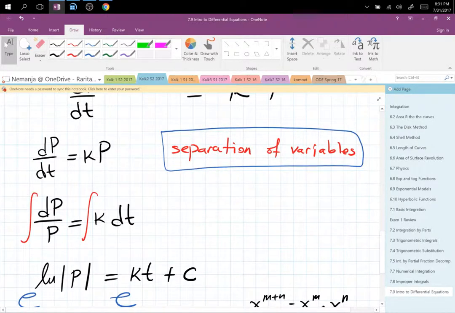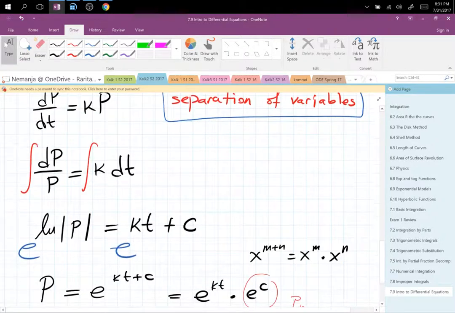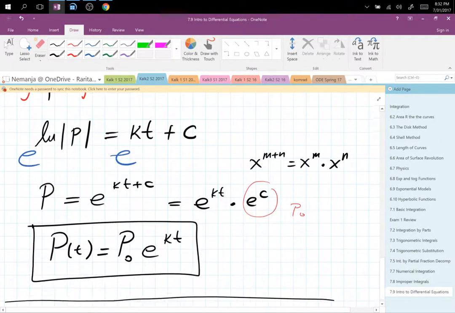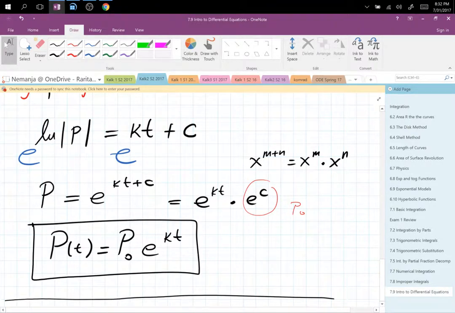The integral of dp over p is ln p. On the other side, since the main variable is time t, you get kt plus c. To fish out p, we exponentiate both sides and follow some algebra to come up with the model.